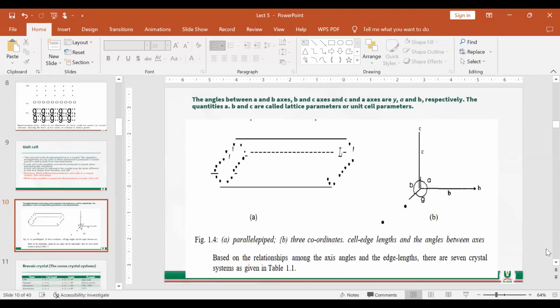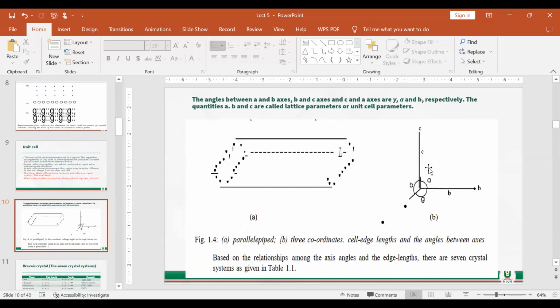So now let's look at this based on the relationship among the axes, angles, and the edge lengths. There are 7 classes of crystal. There's what you call Bravais classification of crystal. If you look at a crystal, you can talk about length, and you can talk about the angle.